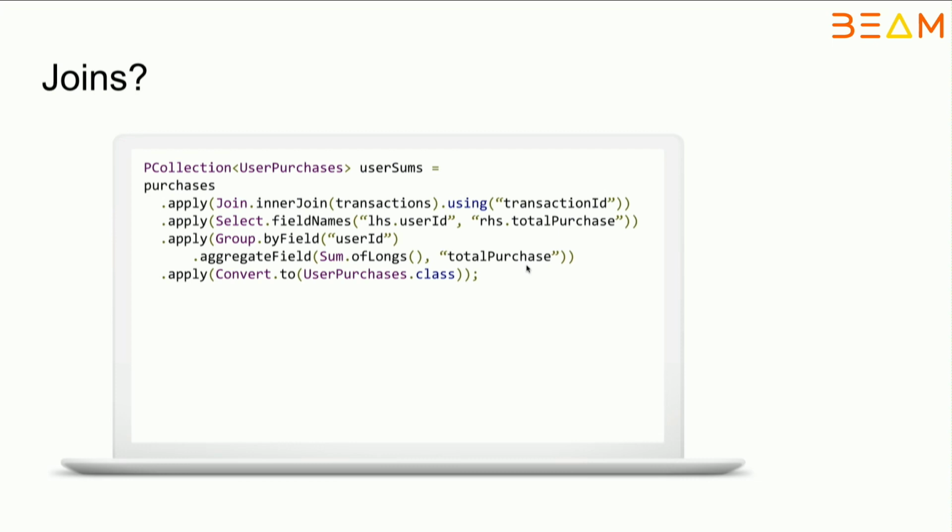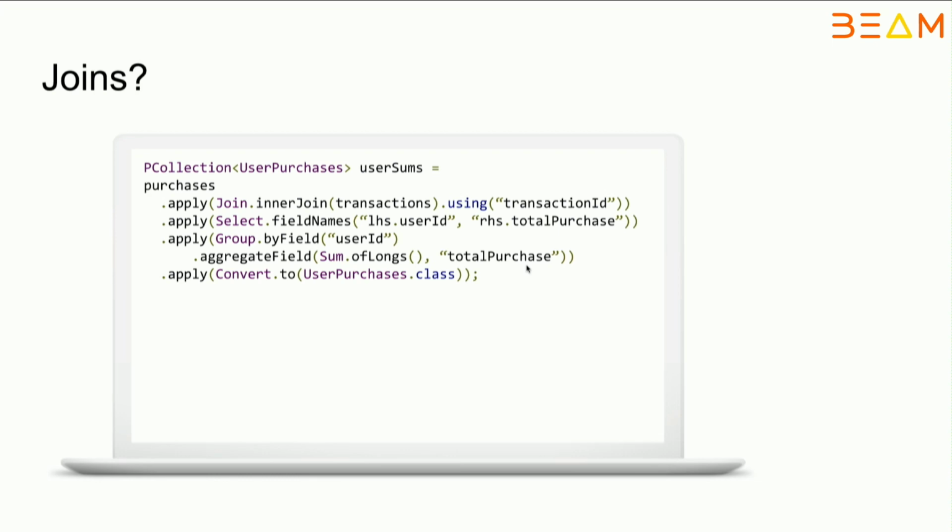In this example, this is what you would call a natural join in SQL, where we're joining on the same field name. Then I just want to select two fields out of the join, so I pass in the fields I want to extract. The join produces LHS and RHS subschemas. So select LHS user ID and total purchases.